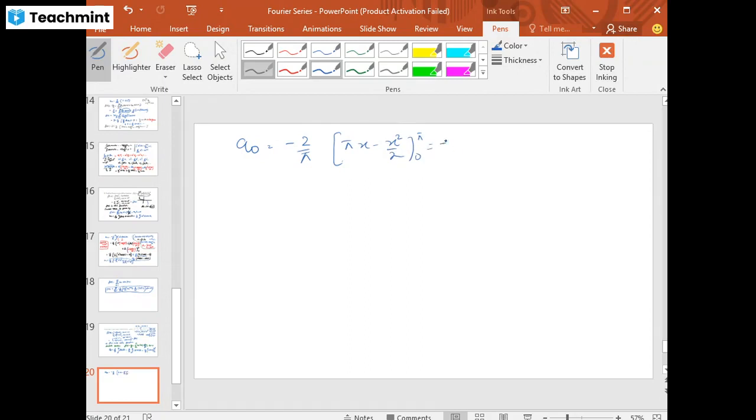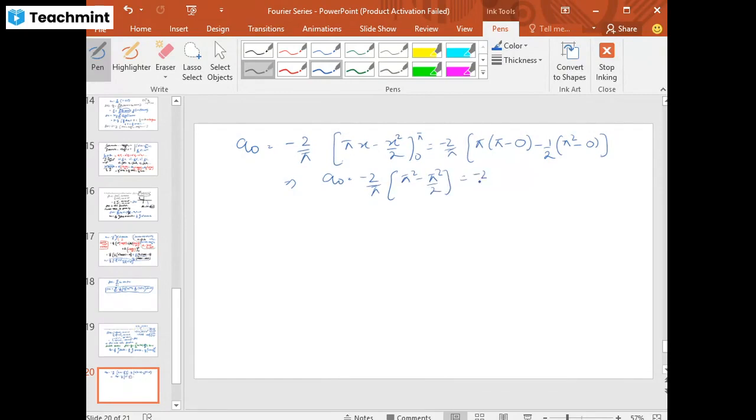So on substituting the upper limit, pi times pi minus the lower limit, which is 0, and here 1 by 2 common, upper limit x will become pi, it is pi square, x is 0 becomes 0. So it means that a naught equals minus 2 upon pi, inside the bracket this is pi square minus pi square by 2.